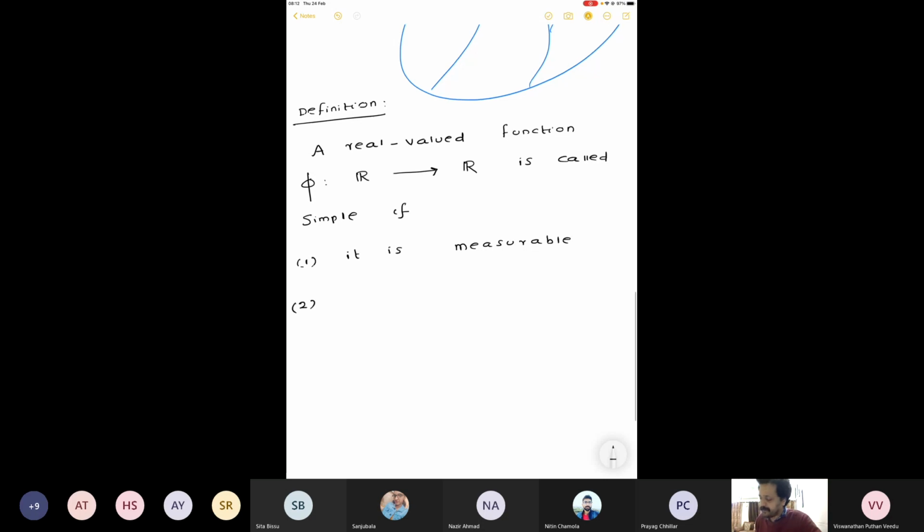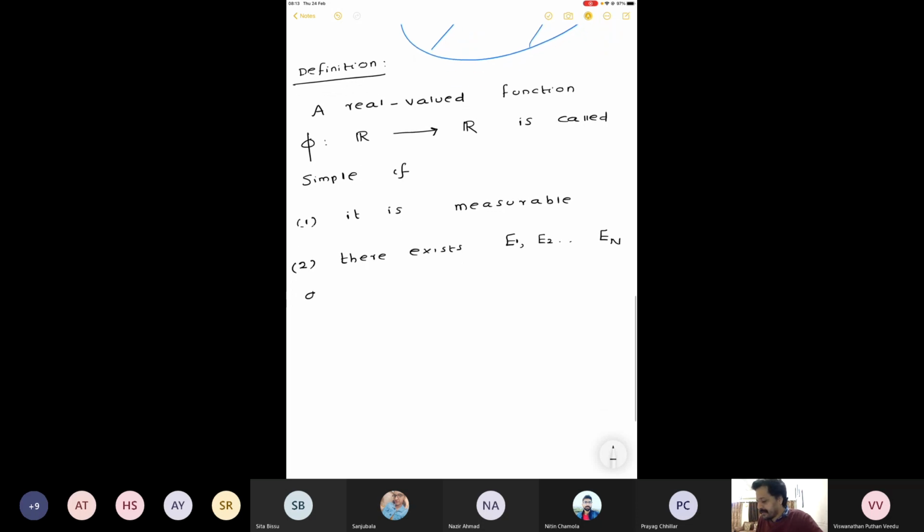Then two, the domain, which is R, you can decompose into several subsets. There exist E1, E2, and so on, En, disjoint measurable sets.